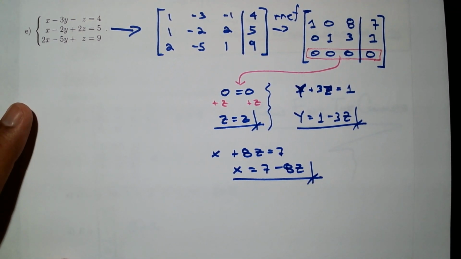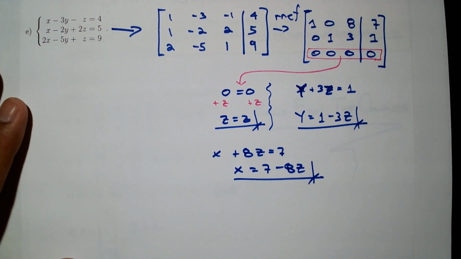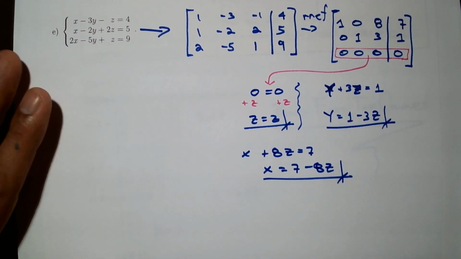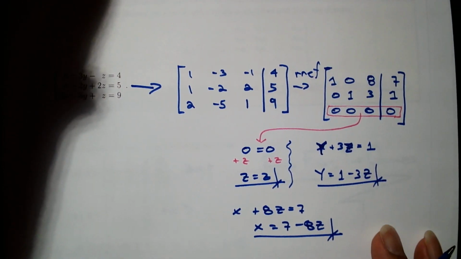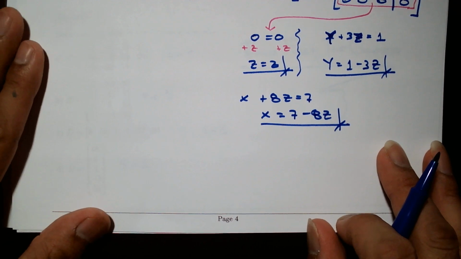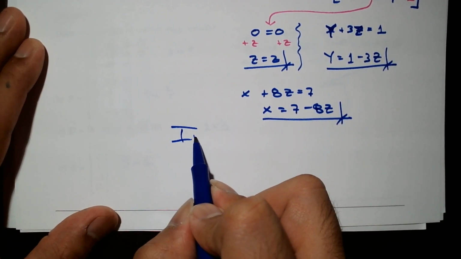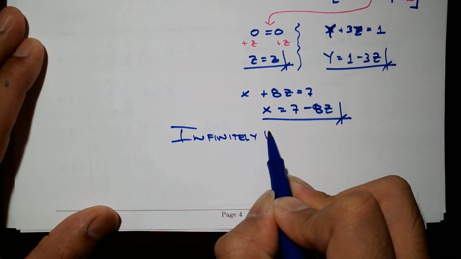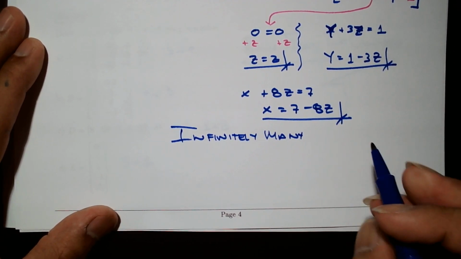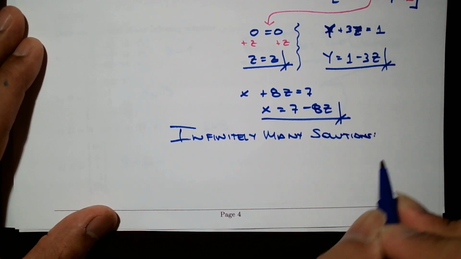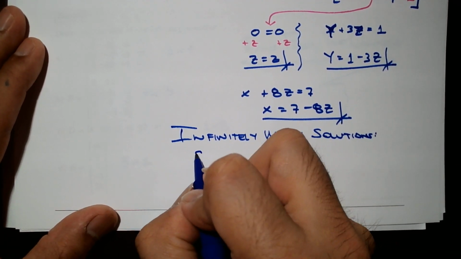So in this case, what do we have here? As opposed to the previous one, where we had no solution, this is infinitely many solutions of the following form. Those infinitely many solutions are going to be expressed of this form.